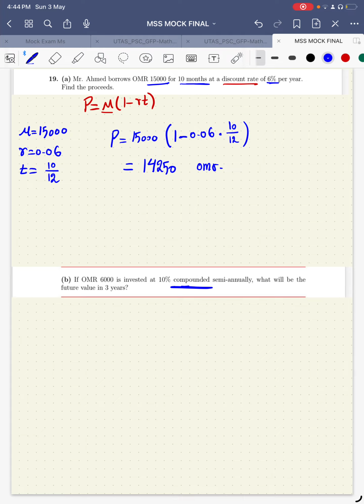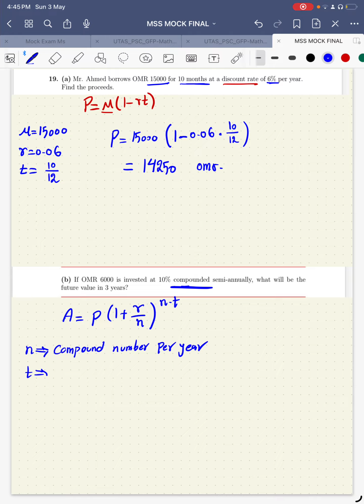So if I see the word compounded, I'm going to use this law: A equals B, the present value, times (1 plus R over N) raised to the power N times T, where N is the number of compounding periods per year, and T is the time in years.